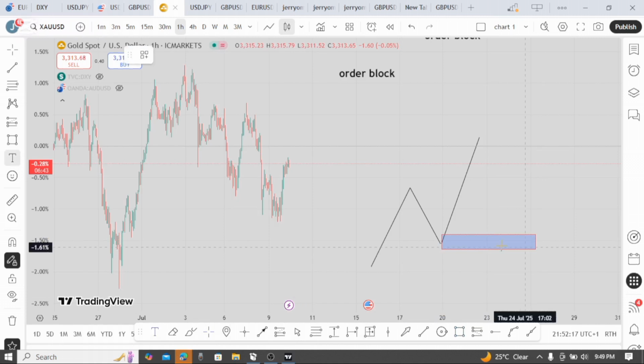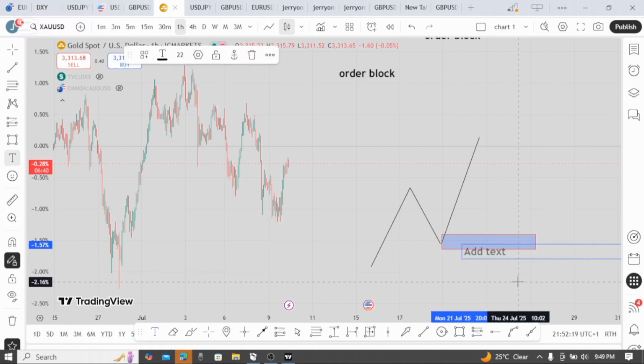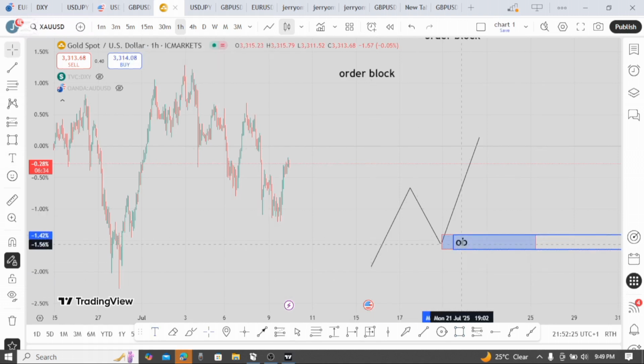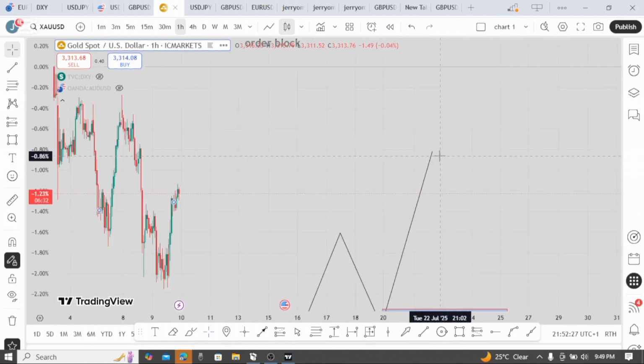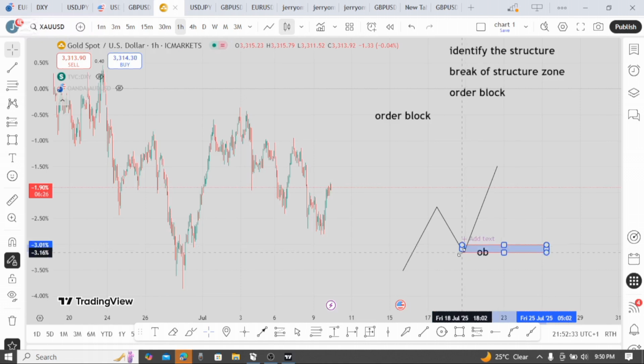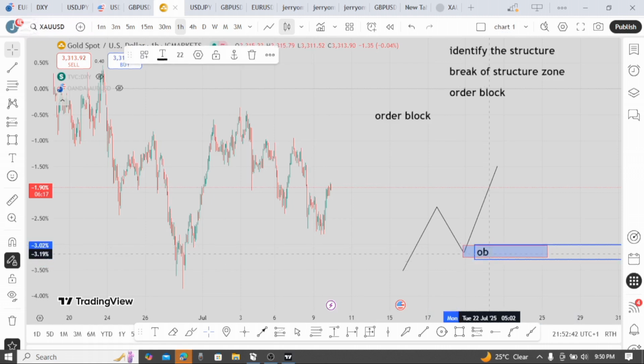I'll be taking order block now as OB. Just know that whenever you see OB, what I mean is order block.